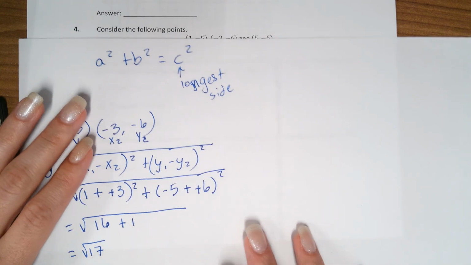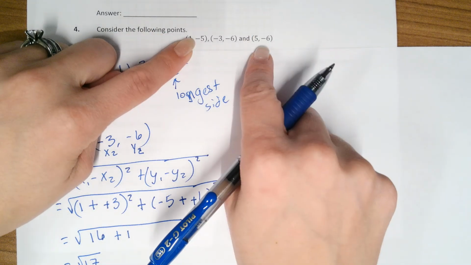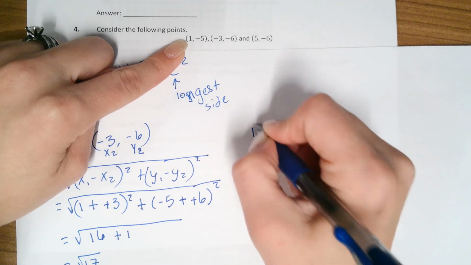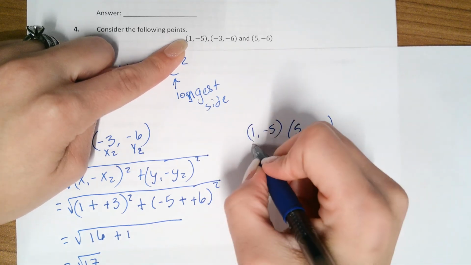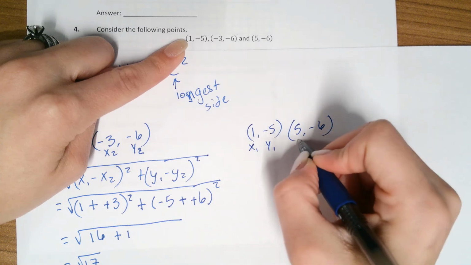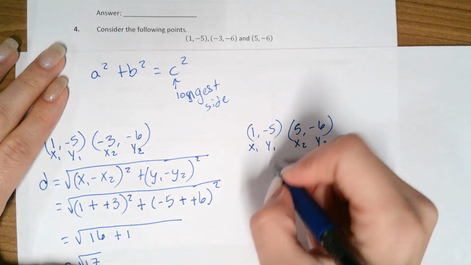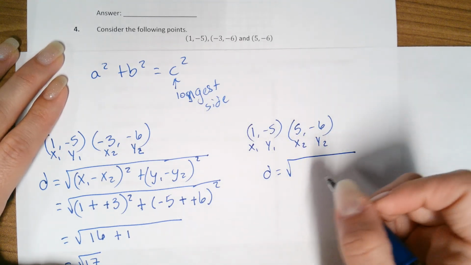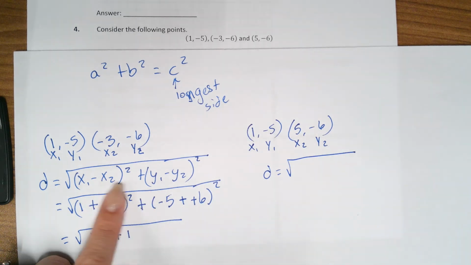So now let's pick 2 more coordinates and we'll do it again. So let's do 1, -5, and the last one. How about that? So we're going to find the distance of 1, -5 and 5, -6. And again, I'm going to do a little labeling so I know where to put the values. So I have d, my distance, equals the square root, again, of the x1 minus x2 squared plus the y1 minus y2 squared.